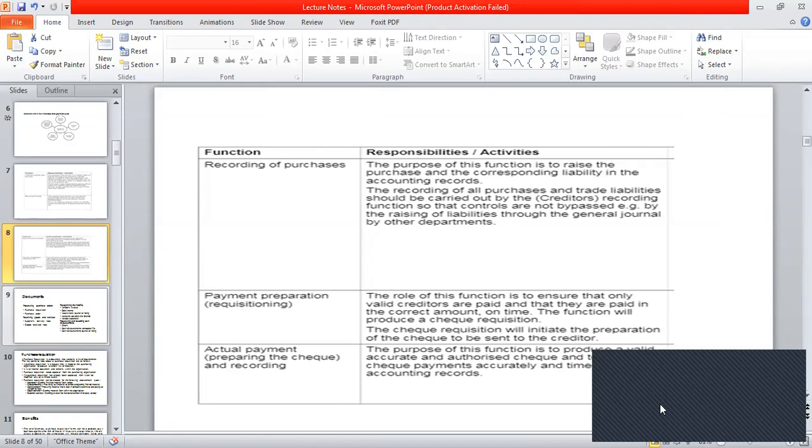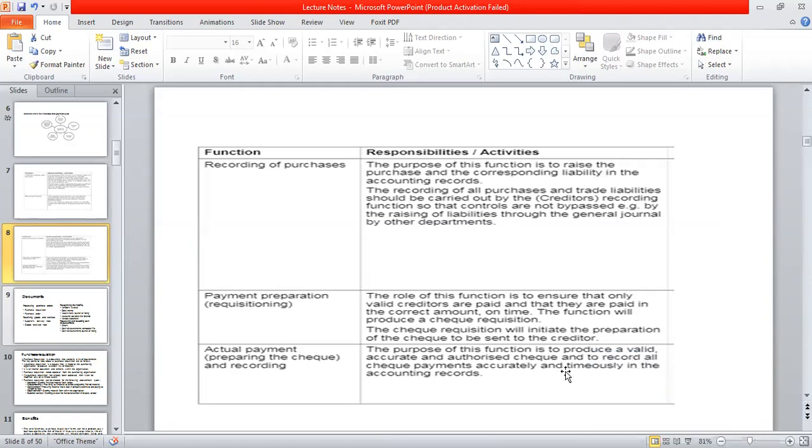They are also paid on time, and this function will produce the check requisition. So these check requisitions will be initiated, and the preparation of the check to be sent to the creditor.